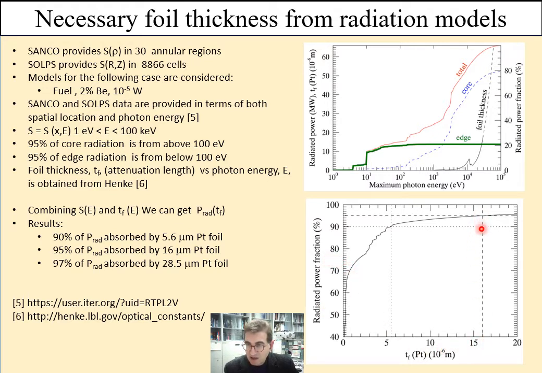So you can see from that if we have a 16 micron foil, we can stop 95% of the radiated power. But this is just assuming the foil is exposed to all the radiation from the ITER plasma and is not collimated. So we can consider this 16 microns to be a lower estimate on the necessary foil thickness.